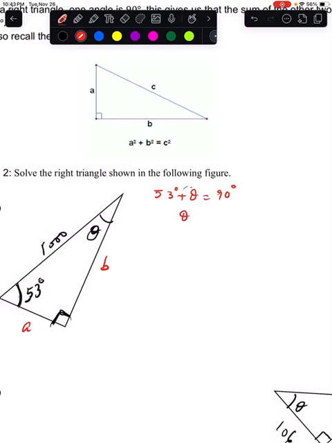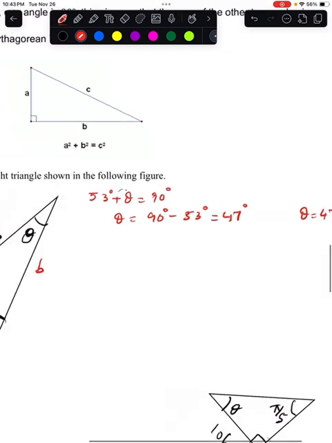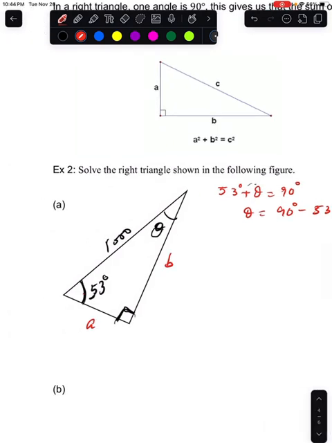So theta will be equal to 90 degrees minus 53 degrees, which gives me 47 degrees. So we found theta. Now we have to find A and B.